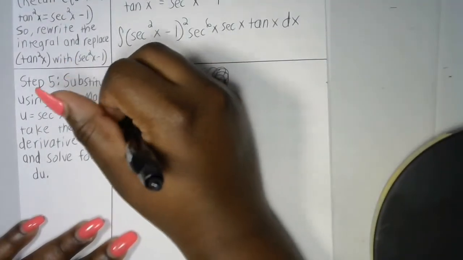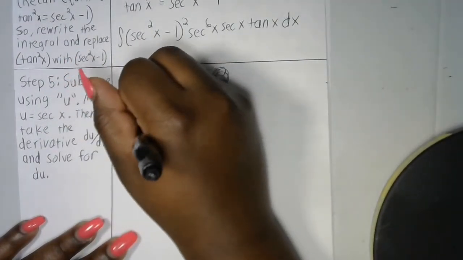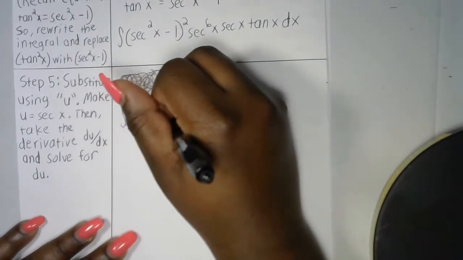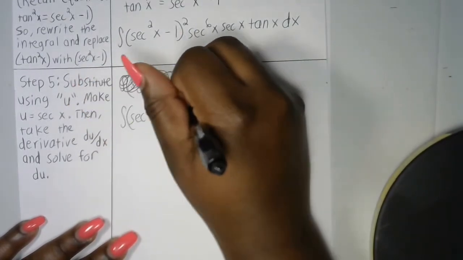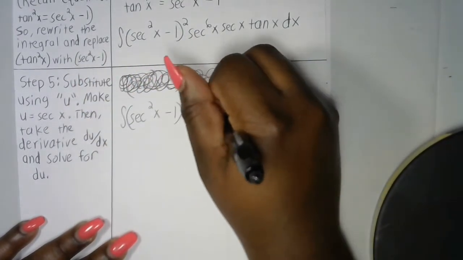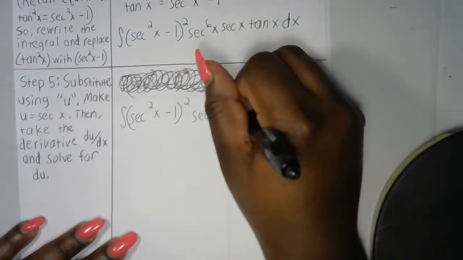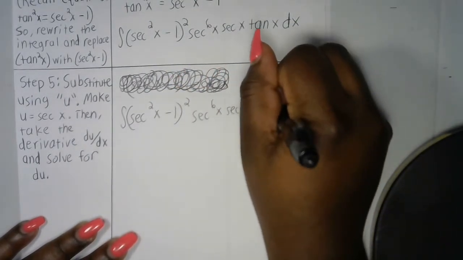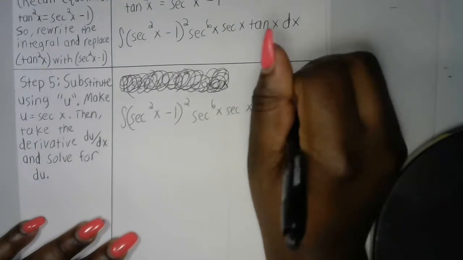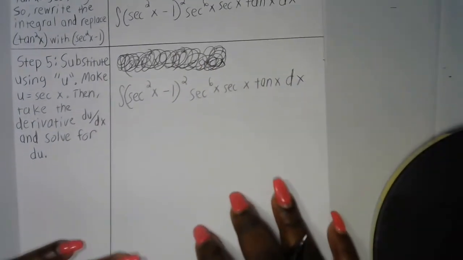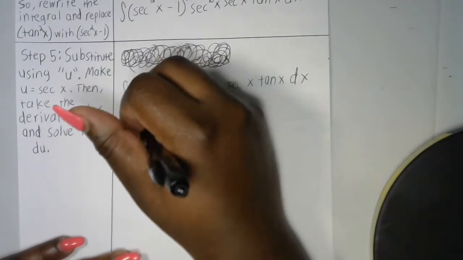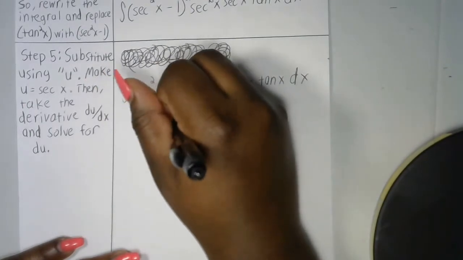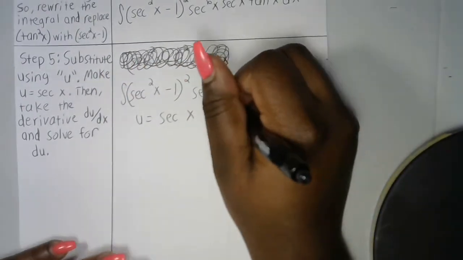So what do we have from before? We have the integral of secant x squared minus 1, all that squared, times secant x to the 6th times secant x times tan x dx. What a long thing to write. But anyway, u is going to be equal to secant x, right?